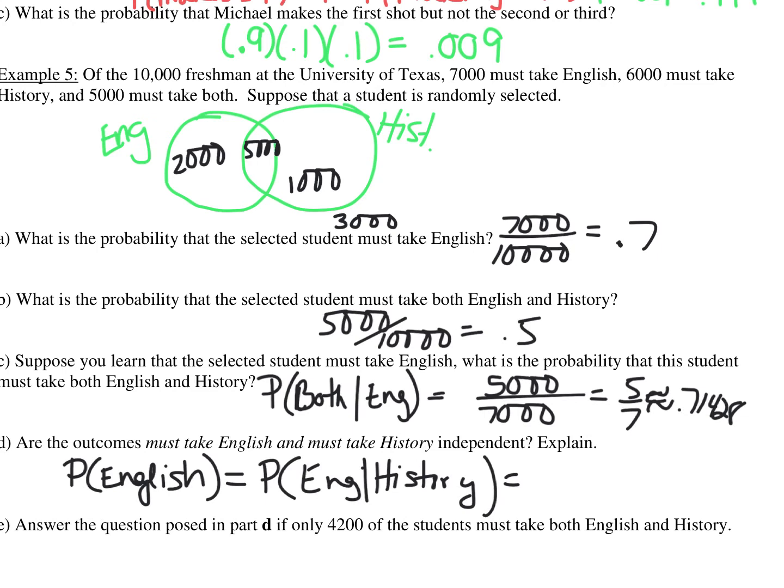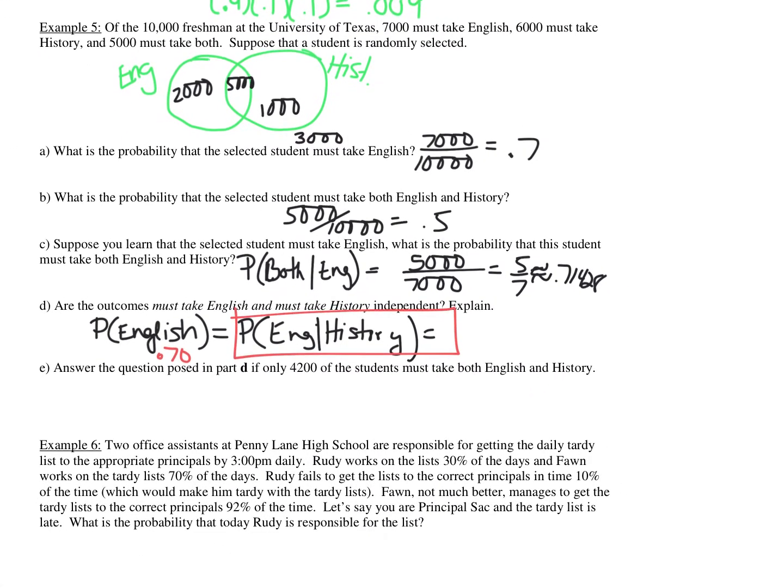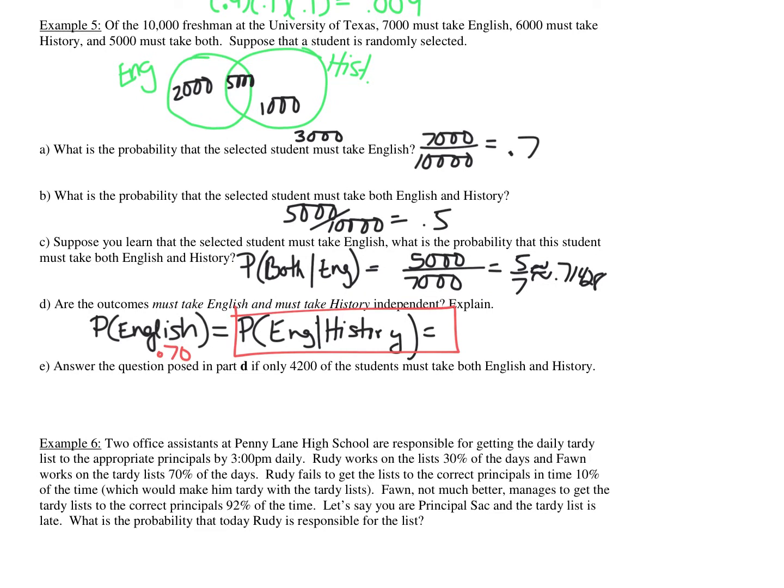So probability that they take English, we did that already. That is 0.7 right here.